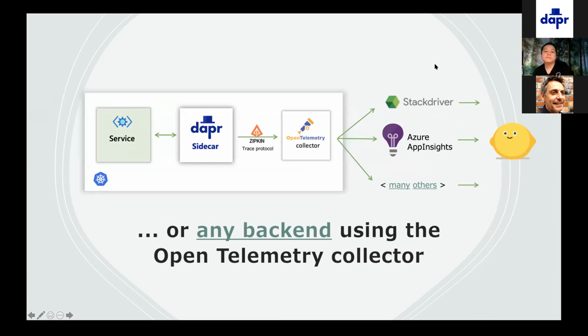Or this last case is where we want to talk to something that does not understand Zipkin. For example, Application Insights. I think Stackdriver might understand Zipkin, or basically any other thing, because if you follow this link, you see that the OpenTelemetry collector can talk to like 20 or 22 different backends and understand almost all of them.